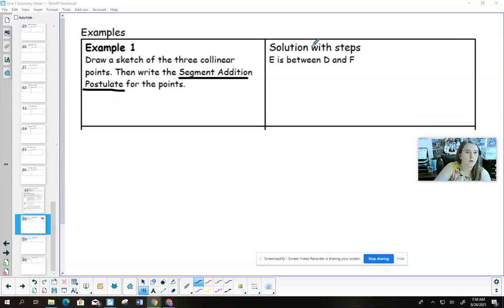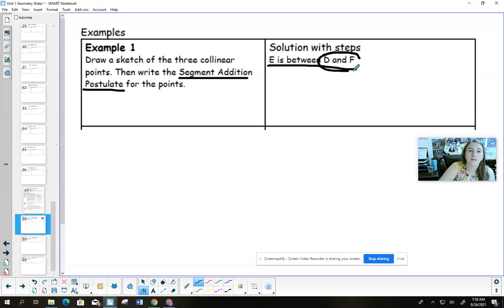A lot of times you're not going to be given a picture. You're going to be told how the points lie. So we're going to draw a sketch of these collinear points, all lying on the same line. We have E between D and F. This seems obvious and easy, but believe me, I've been doing this for a long time and you get mixed up.